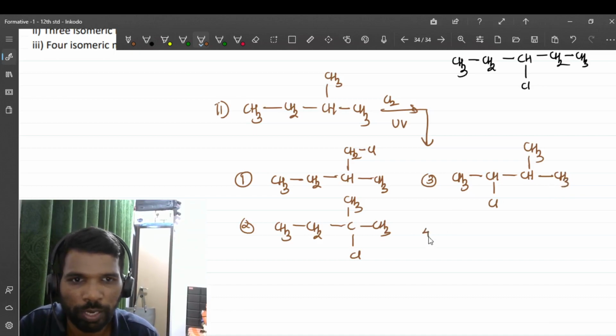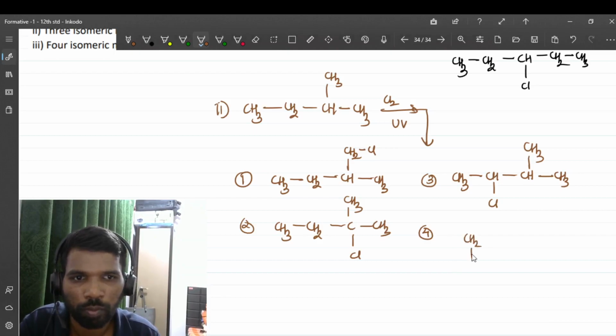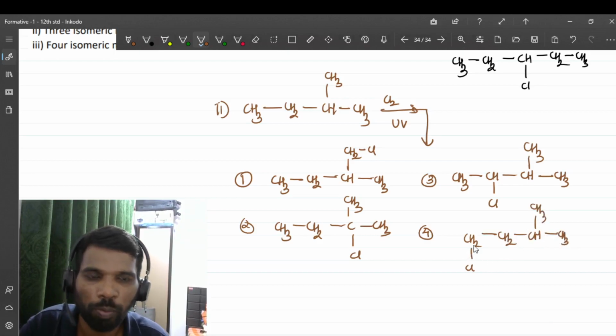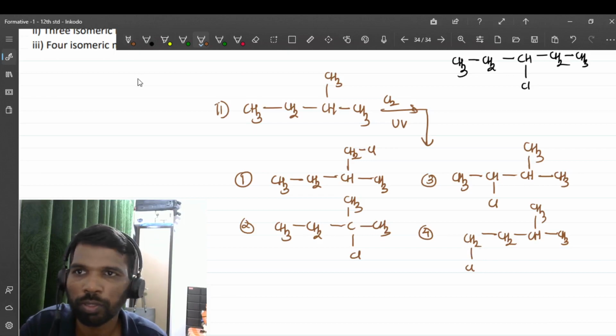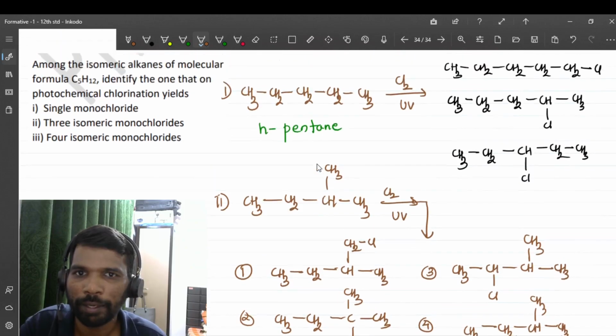Then the fourth possibility is this, CH2, Cl, right? So which compound is giving you this? Four isomeric compounds. Means the answer for this is this, right?